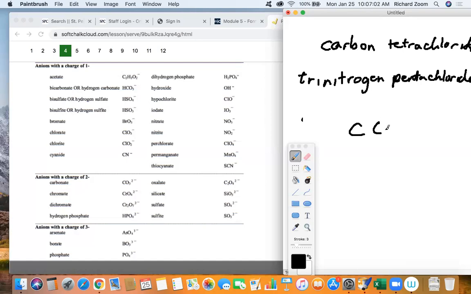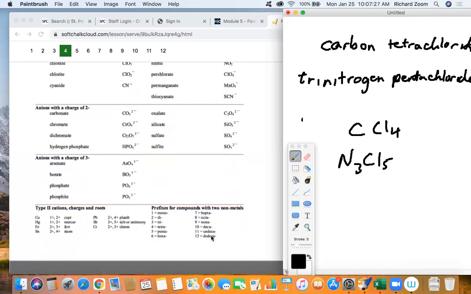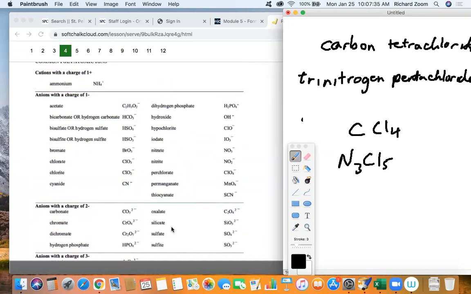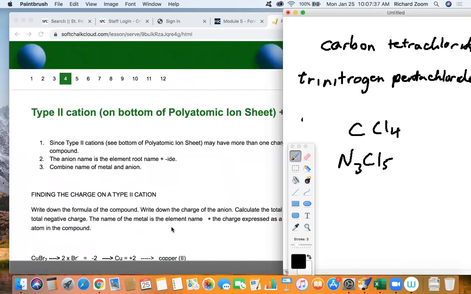That would be just CCl4. The other one, trinitrogen pentachloride, N3Cl5. Does anybody have any questions? Now remember, on your polyatomic ion sheet, you'll have the prefixes down here from 1 to 12, so you don't have to memorize any of them. All right, does anybody have any questions?